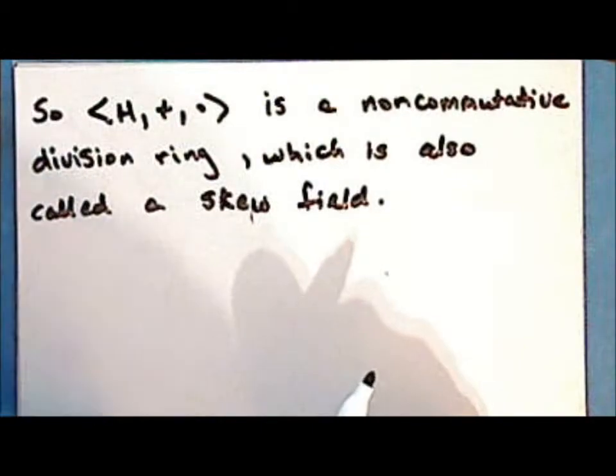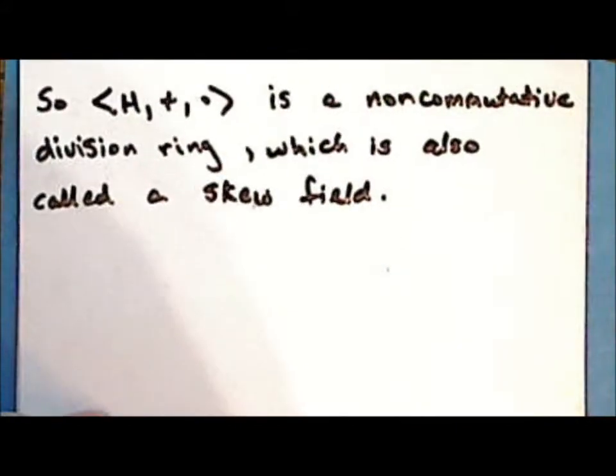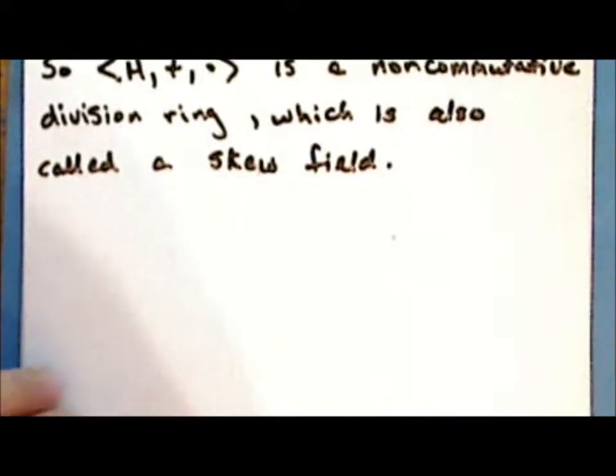So the quaternions, together with addition and multiplication, is not a field, but it is a non-commutative division ring, which is also called a skew field.